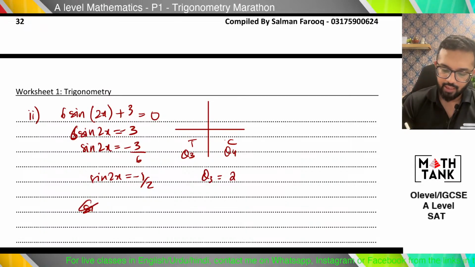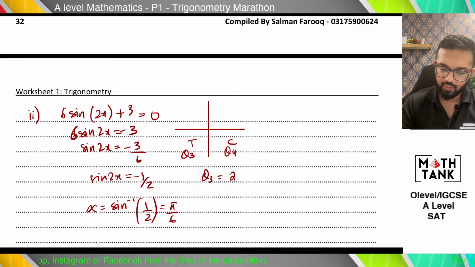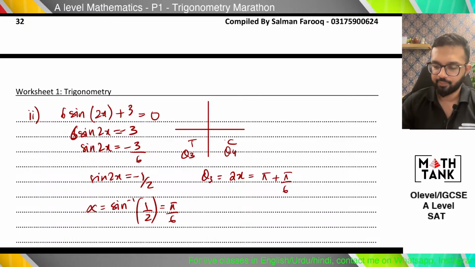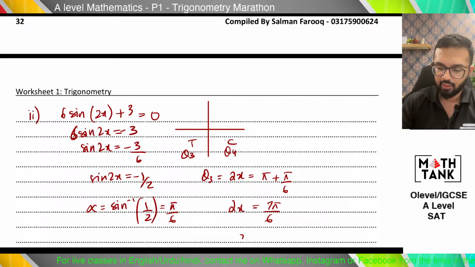First I'll have to do alpha, sine inverse of half, which is pi over 6. Quadrant 3 is 2x equals pi plus pi over 6. That's 7 pi over 6. And x is therefore 7 pi over 6 into 2. That's 7 pi over 2.